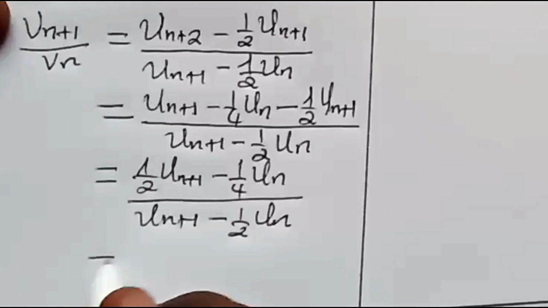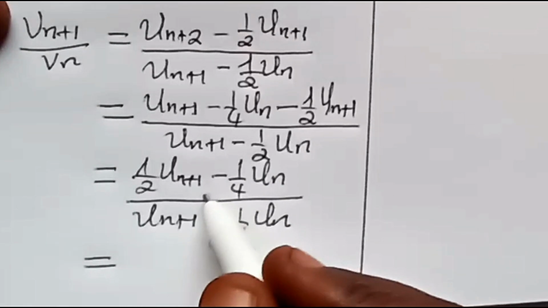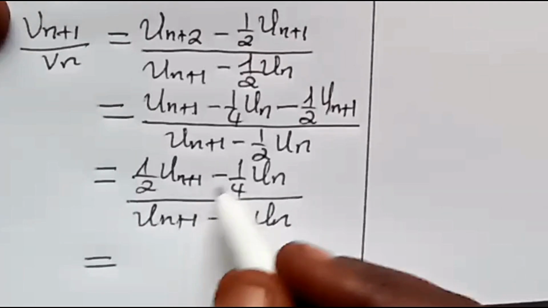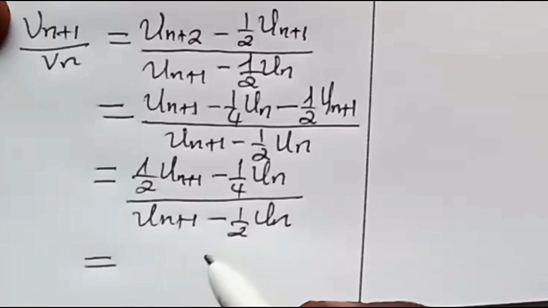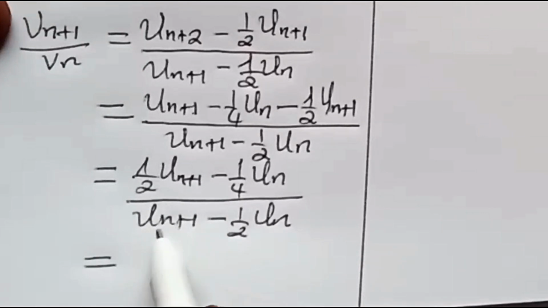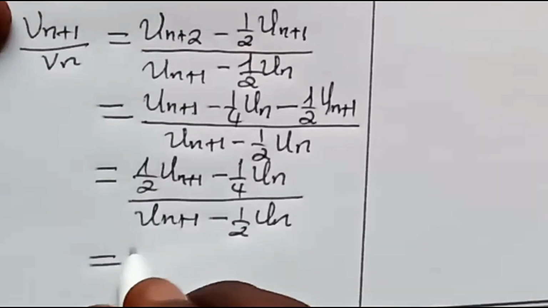In the next step, once we are seeking to show that a sequence is a GP and arrive at a situation like this, we just have to factorize and then a common factor will cancel. You can see that the denominator is already simple. We can factorize the numerator. The coefficient of un+1 being unity at the bottom, we also seek to make it unity at the numerator, and that will be done by factorizing half.